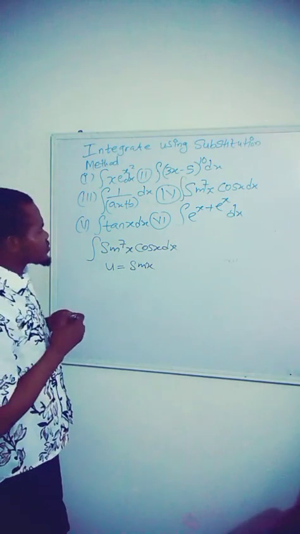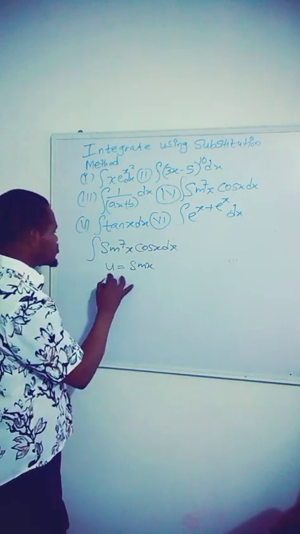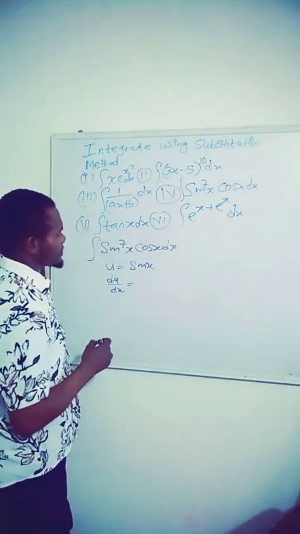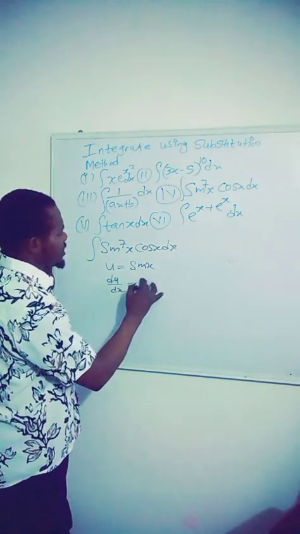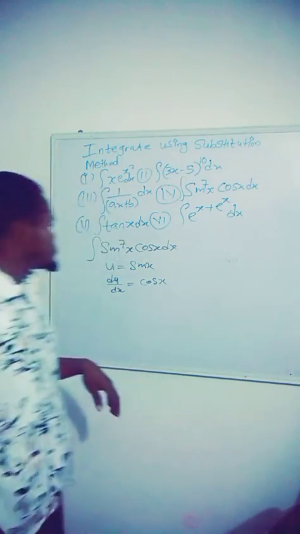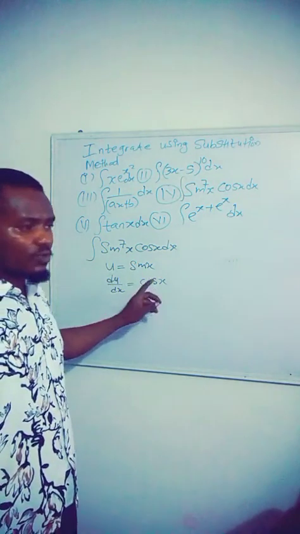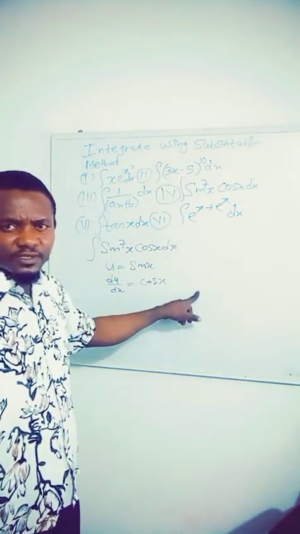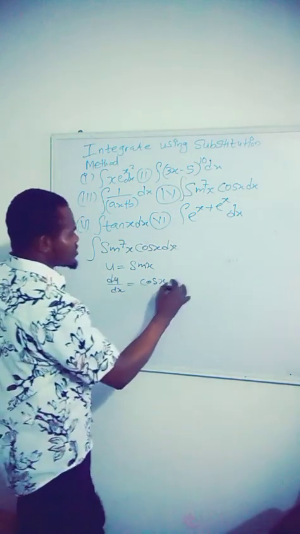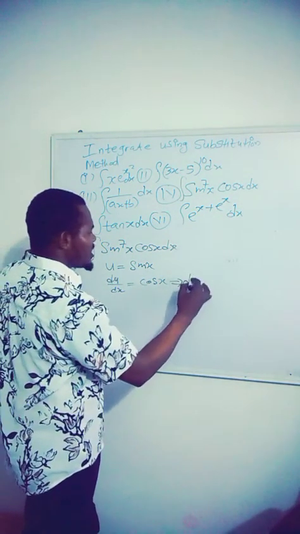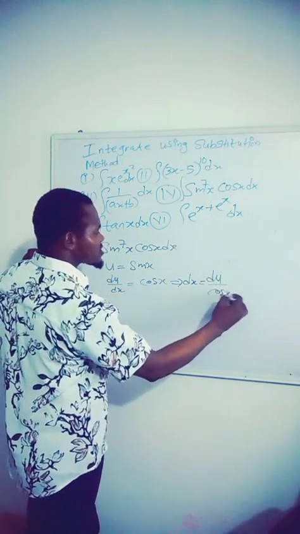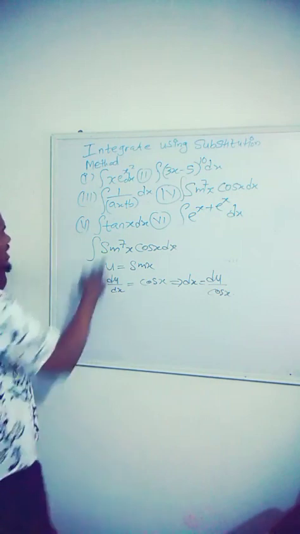If u is equal to sine x, what is du/dx? It is equal to cos x. Differentiating sine x gives cos x. If you make dx the subject of the formula, this implies that dx will be equal to du over cos x.